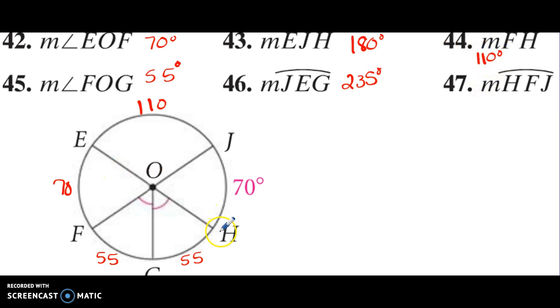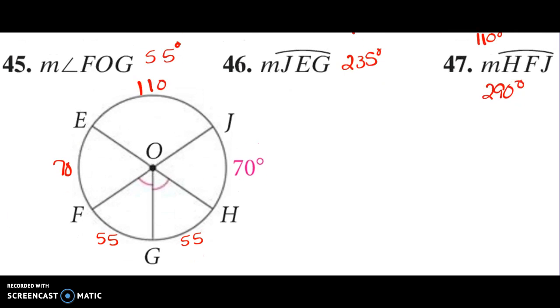And then the last one, H to F to J. This is 110. This is my semicircle, so that's 180. So you add those two together, and you get 290. Those are all the notes that we have for arc measures for now.